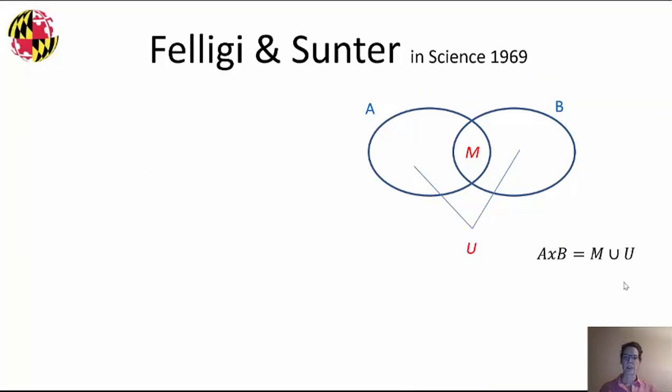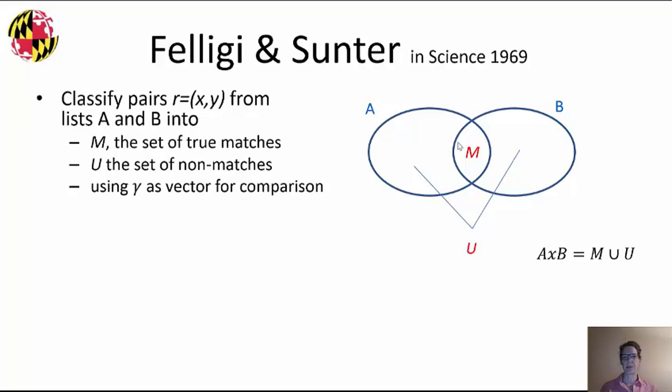Let's assume we have two data sets, A and B, and the goal is to find the true matches, the intersection of the two, where the entities are indeed the same, and separate them out from the U records, which are entities that are in both data sets, but not true matches.